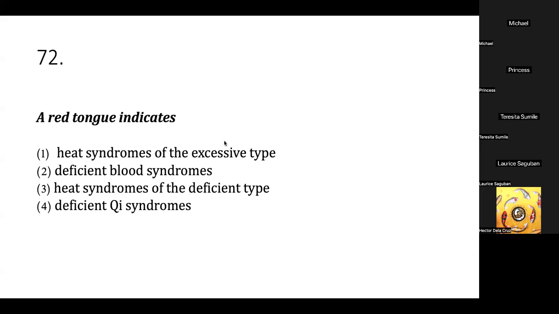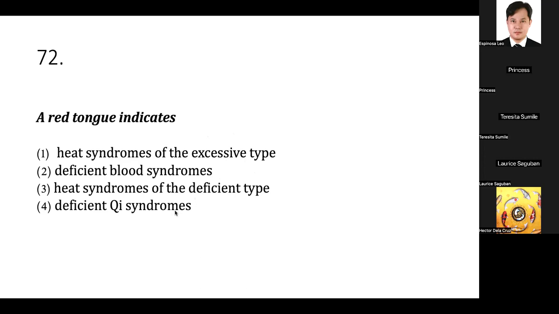Why did you include number 2, Ma'am Jeliza? Is the tongue red when there is blood deficiency? No, Doc. It is pale. So this is not included. A is wrong. The answer is 1 and 3. Okay. Please take note of that.